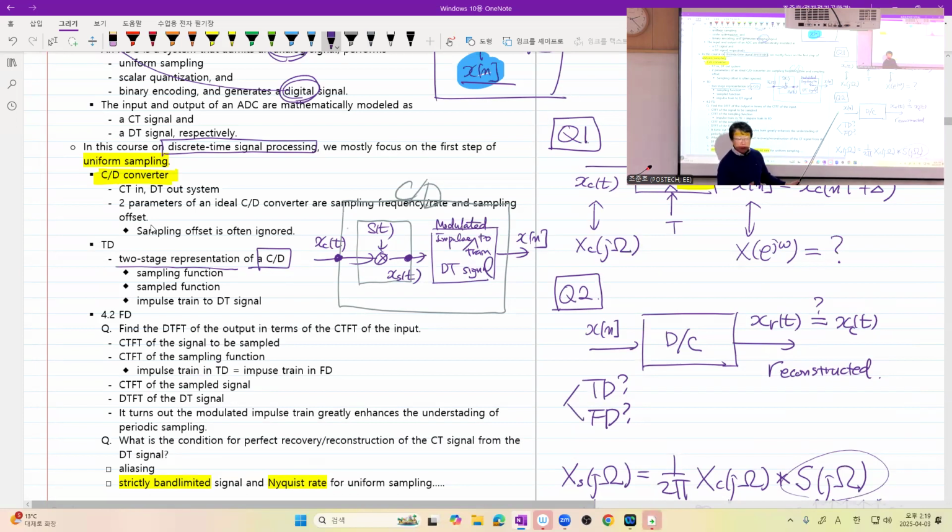Since in the first problem we didn't talk about that, in the second problem we considered a similar problem: from this signal, how can we reconstruct that signal? So this is the entire story.